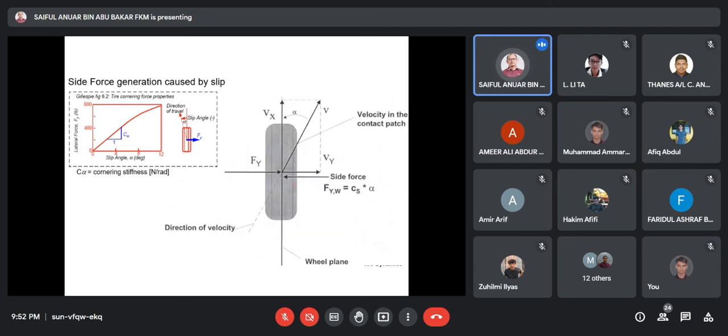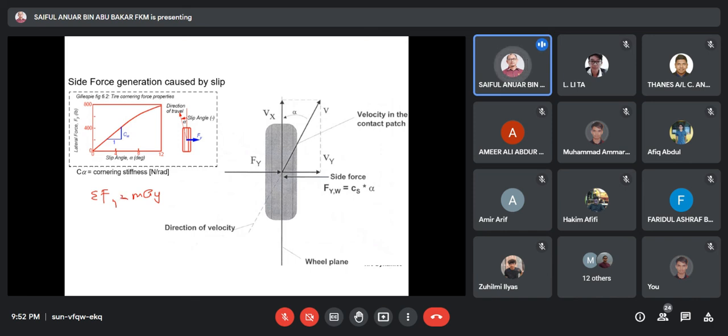Previously, in the bicycle model, we have this one, Fy, the dimension of Fy equal to may, right? So this one we are talking about the lateral dynamics only.